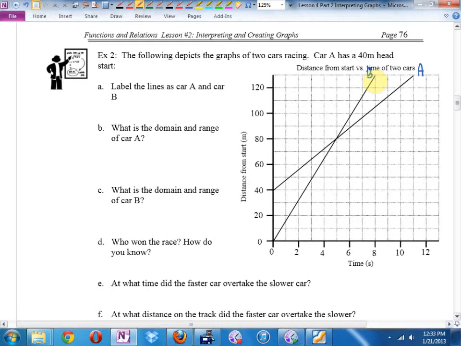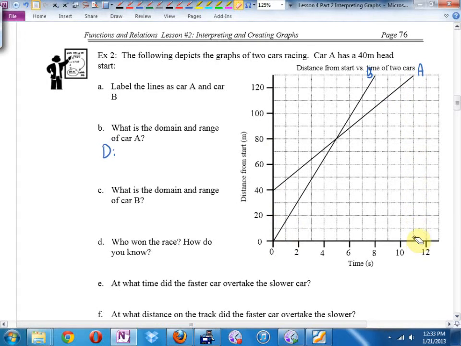B, what's the domain and range of car A? Let's do the domain first. Along the x-axis. So look at line A. What's the smallest x value it uses up? 0, yes? What's the biggest x value it uses up? 11.